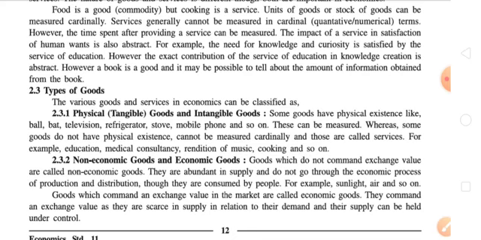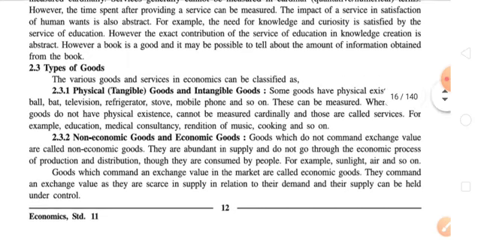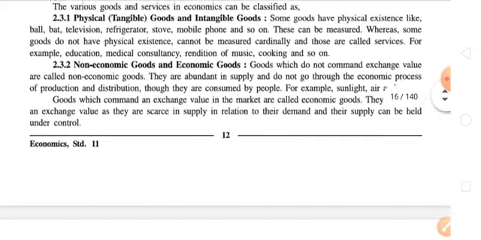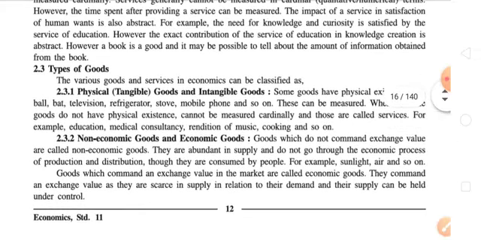In contrast, non-economic goods are abundant in supply, which means there is no scarcity, while the goods under the category of economic goods have exchange value and are scarce in supply. It means their supply is limited in relation to their demand, and their supply can be held under control. It means if the businessman wishes, then he can restrict the supply of these goods.